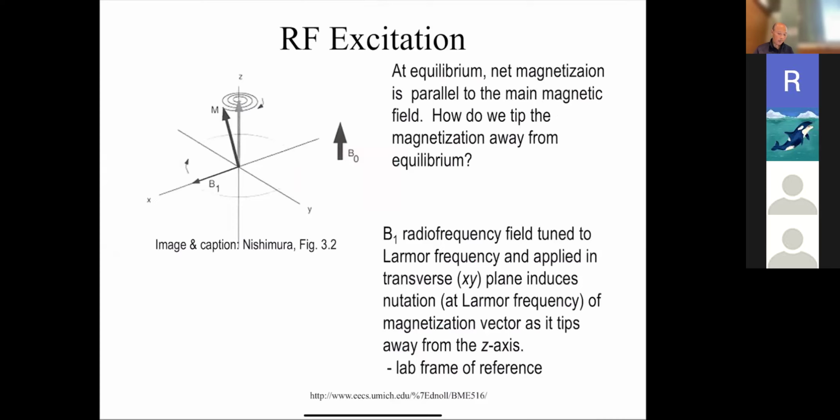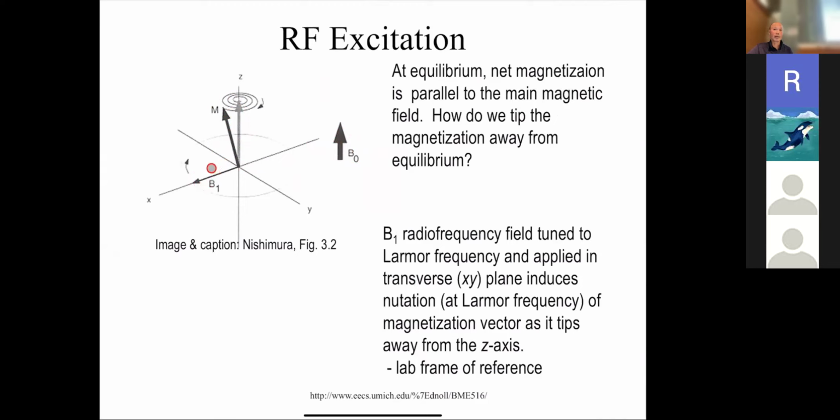So the question is, we have something that's very happy to be at equilibrium, and we're going to come in with this pulse, B1, which you can see is perpendicular to the main field, B0. This field here is super strong, like 30,000 Gauss. This field will tend to be very small, maybe like 0.2 Gauss.